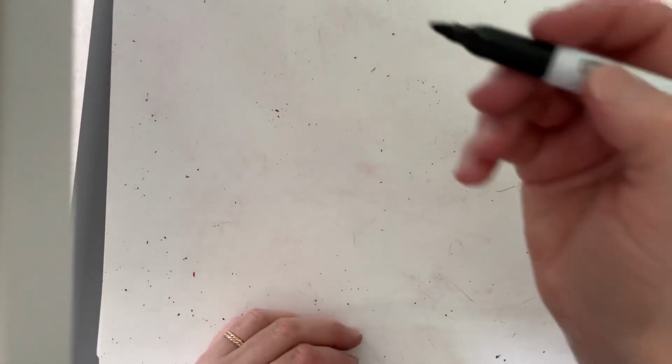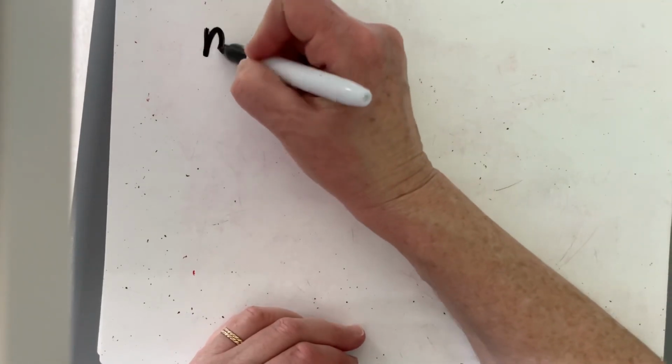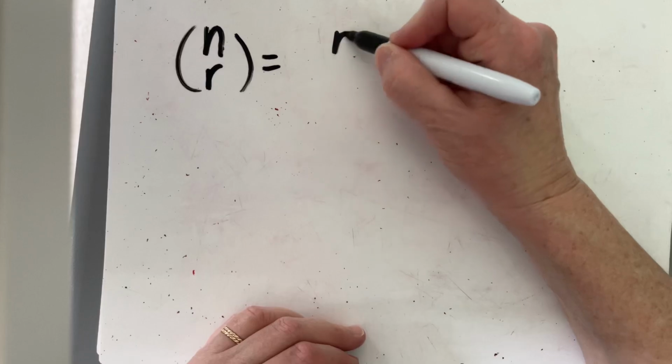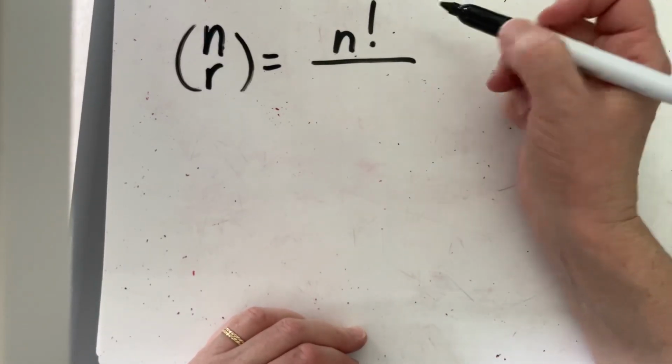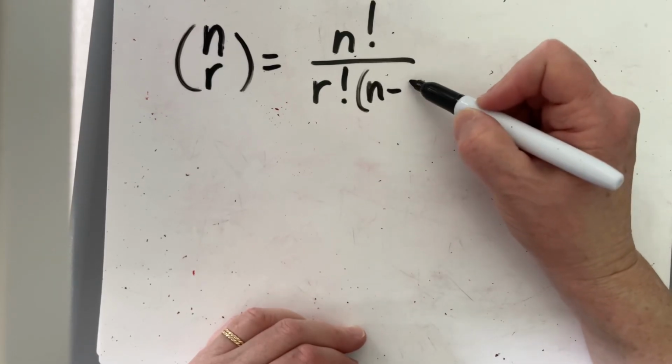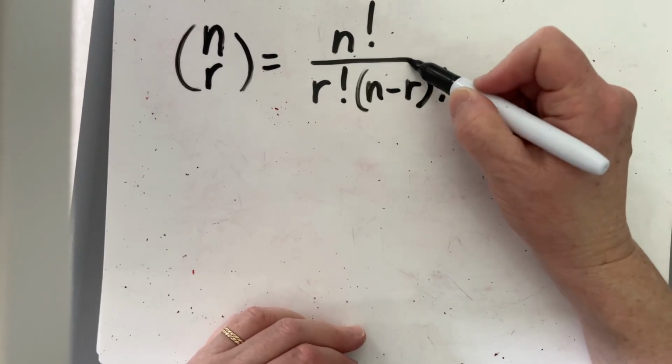The other non-calculator method is the formula, and the formula is n choose r is equal to n factorial divided by r factorial, and then that's multiplied by n minus r factorial.